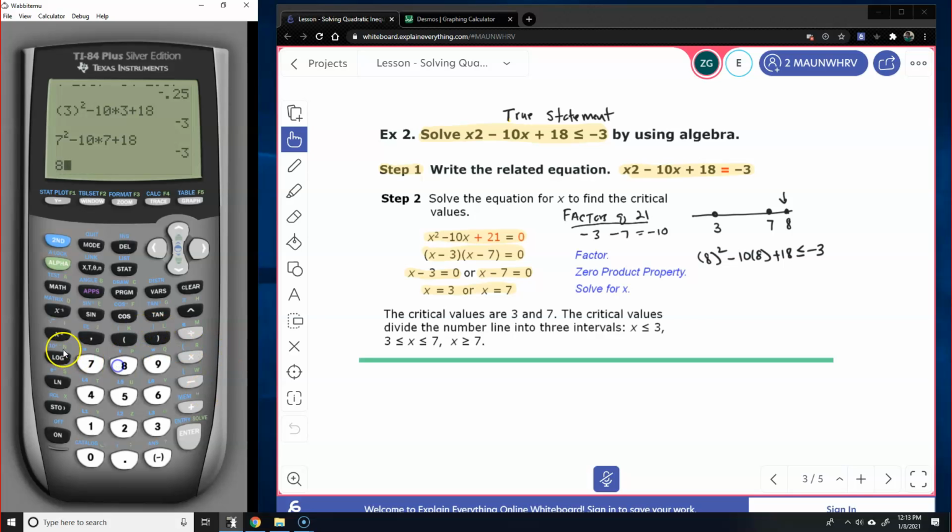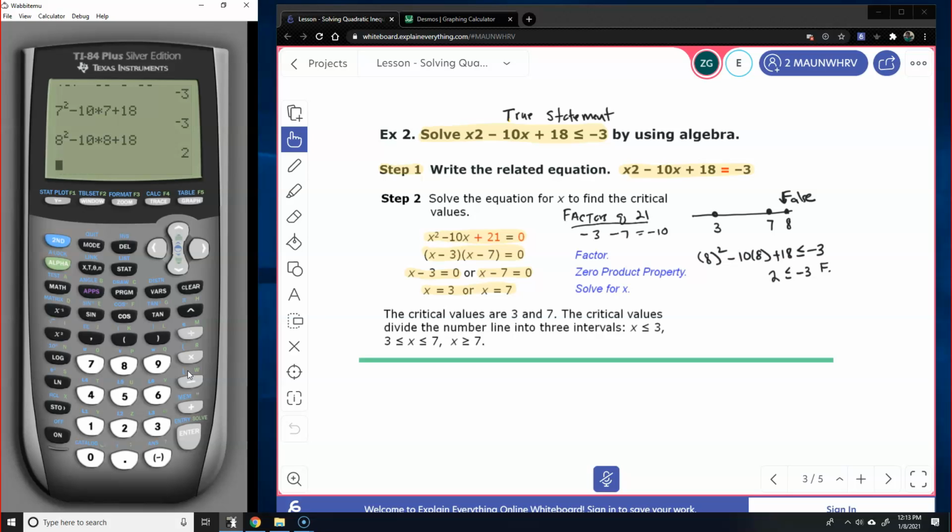You get 2. Now the question is, is 2 less than or equal to negative 3? And that's false. So this part of the solution is false.